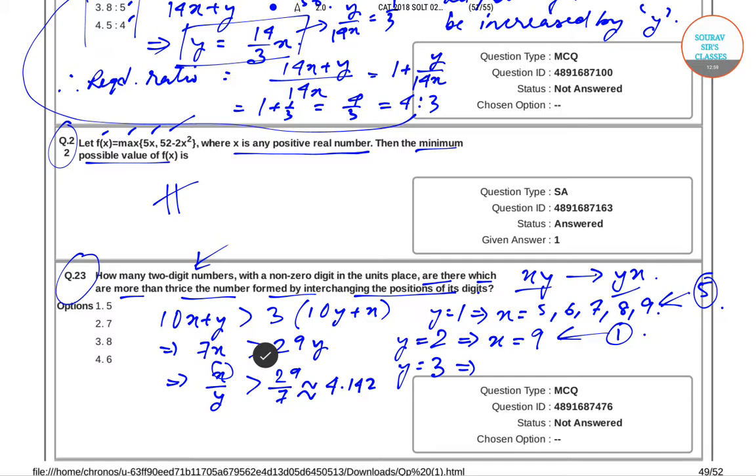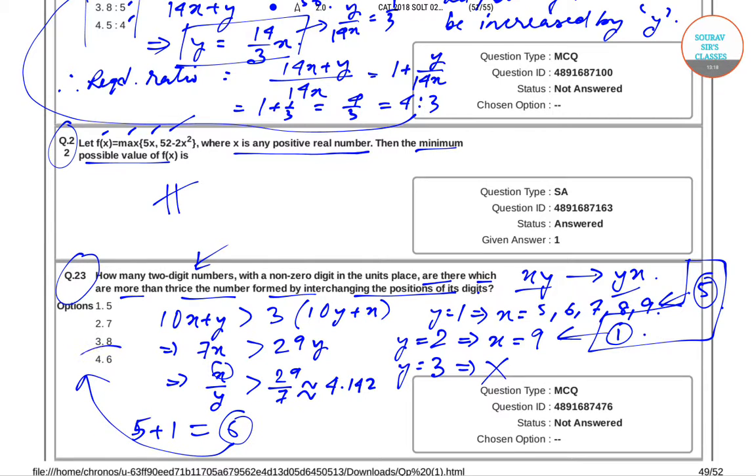It always lies in the range of 1 to 9. It is not more than that. So therefore y equal to 3 cannot be considered over here. So the total number of numbers which satisfy the criteria that we are looking for is equal to 5 plus 1, which is equal to 6, and 6, which is given by option number 4, is the correct option over here.